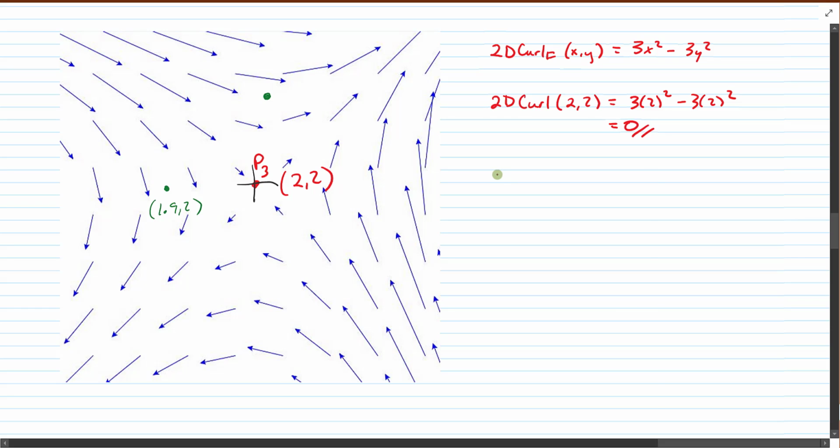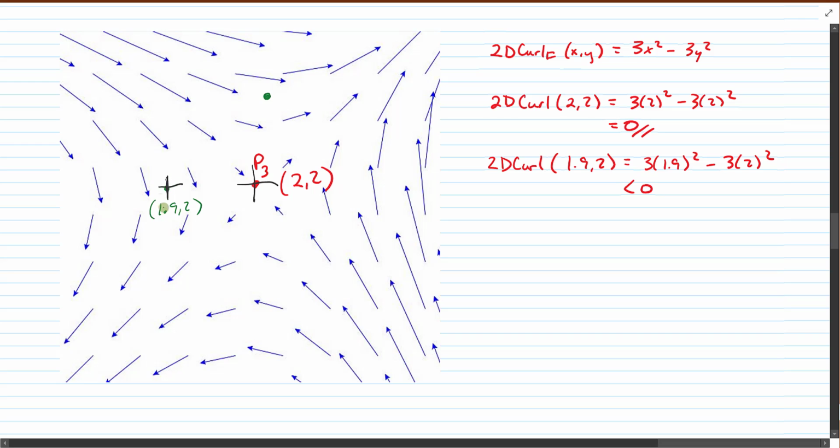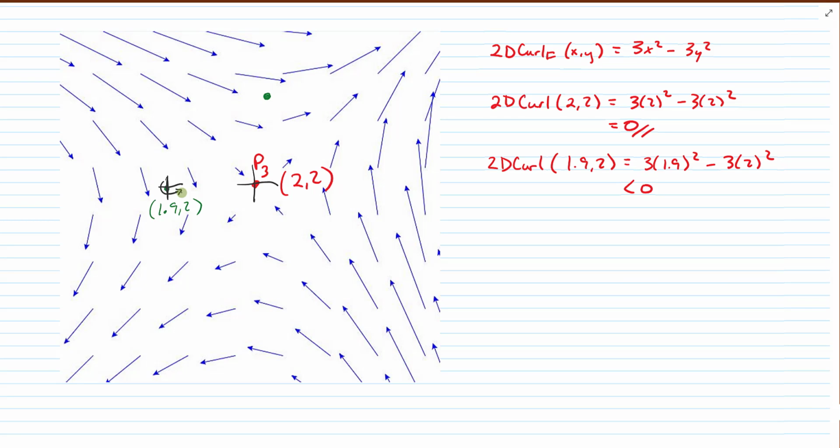Well, if I go to compute the 2D curl of 1.9, 2, this would be 3 times 1.9 quantity squared minus 3 times 2 quantity squared, and in this case we get a negative value, and so that would correspond to, if you put a pinwheel right here, that pinwheel would want to rotate in a clockwise rotation. Remember that clockwise rotation corresponds to a negative curl.